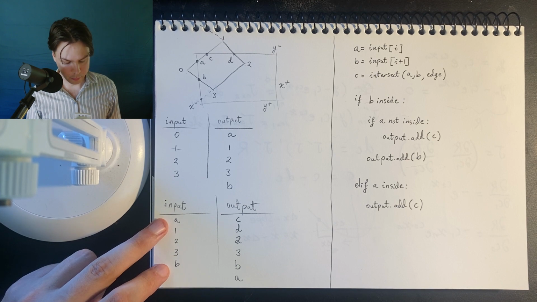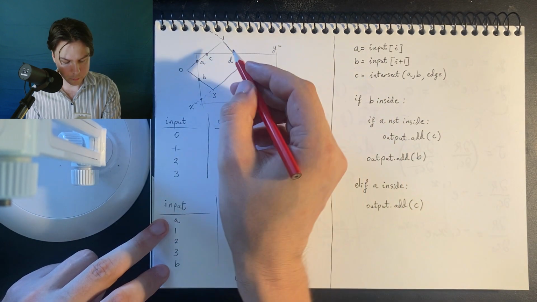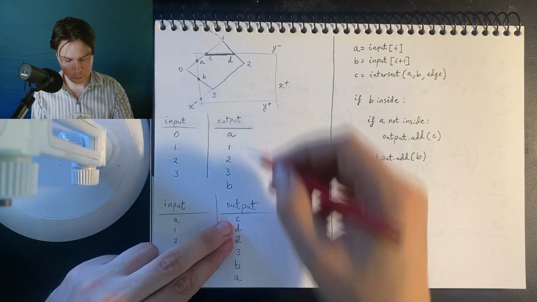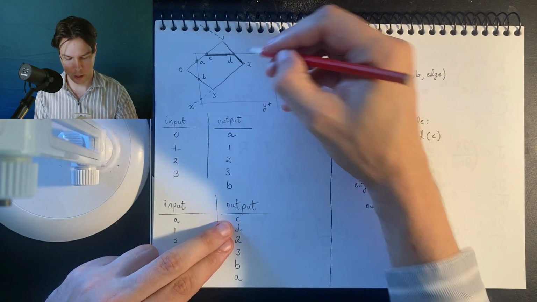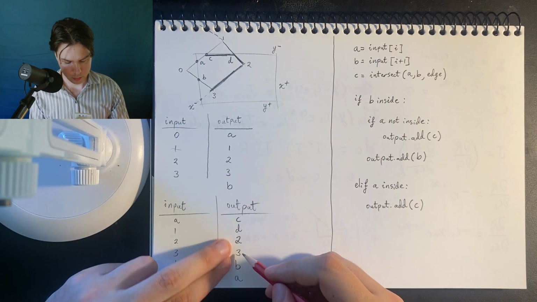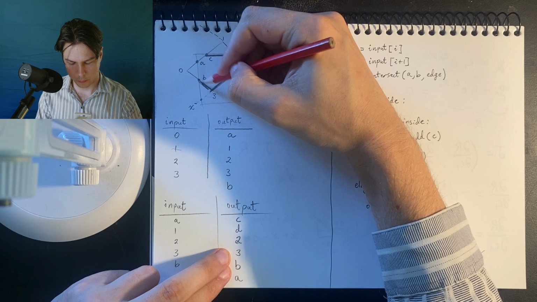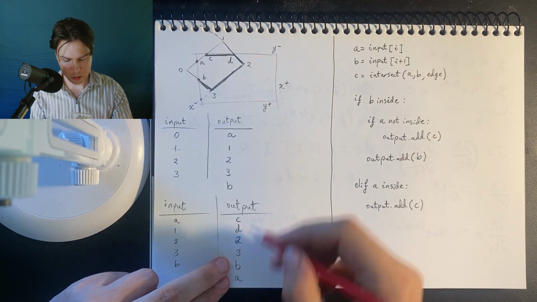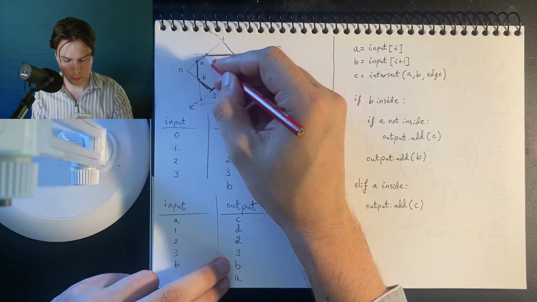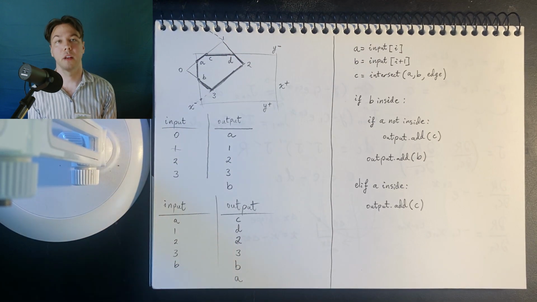So sketching this out, we go from C to D, that's one edge, and then we go from D to 2, that's the other edge, and then from 2 to 3, then 3 to B, then B to A, and then A back around to C. So there we have it, that's our clipped polygon.